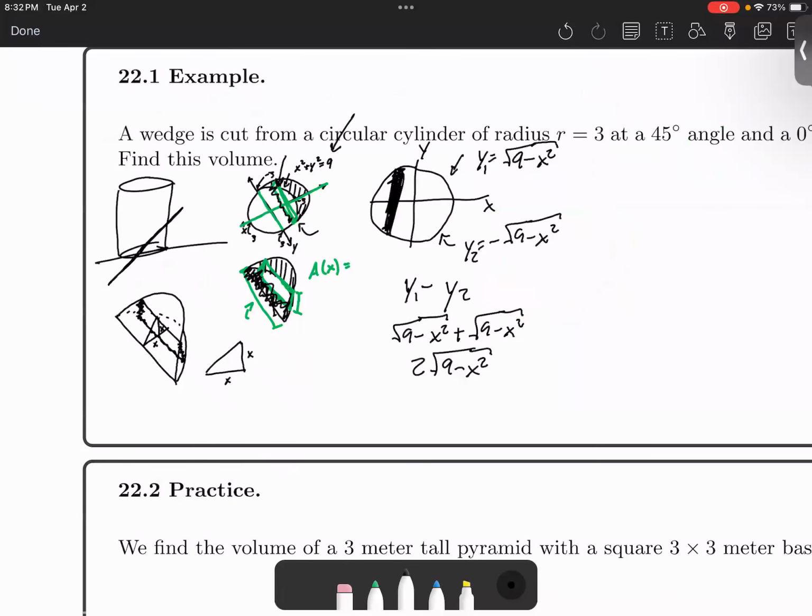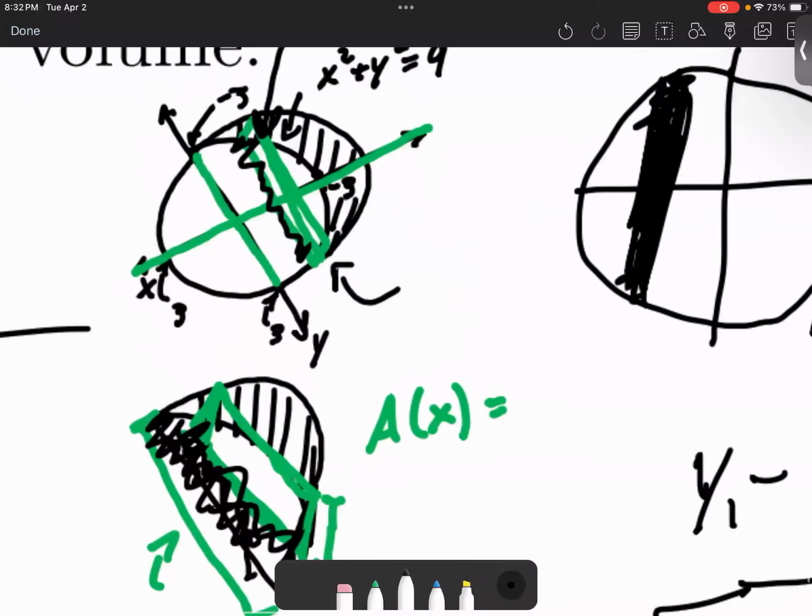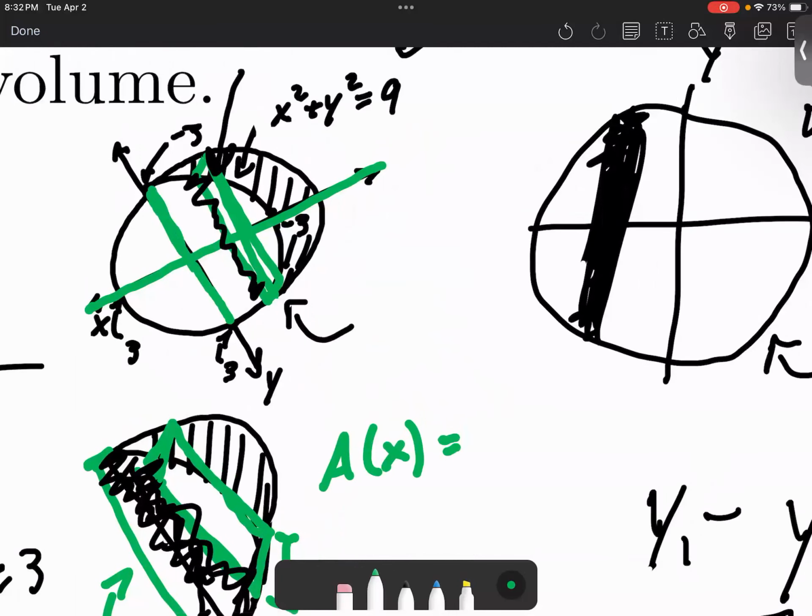And how do I find the area of a rectangle? It's length times height. This is the area of the cross-section, and we're going to integrate that cross-section from this point, which is x equals 0, to this x value, which is x equals 3, all the way to 3.